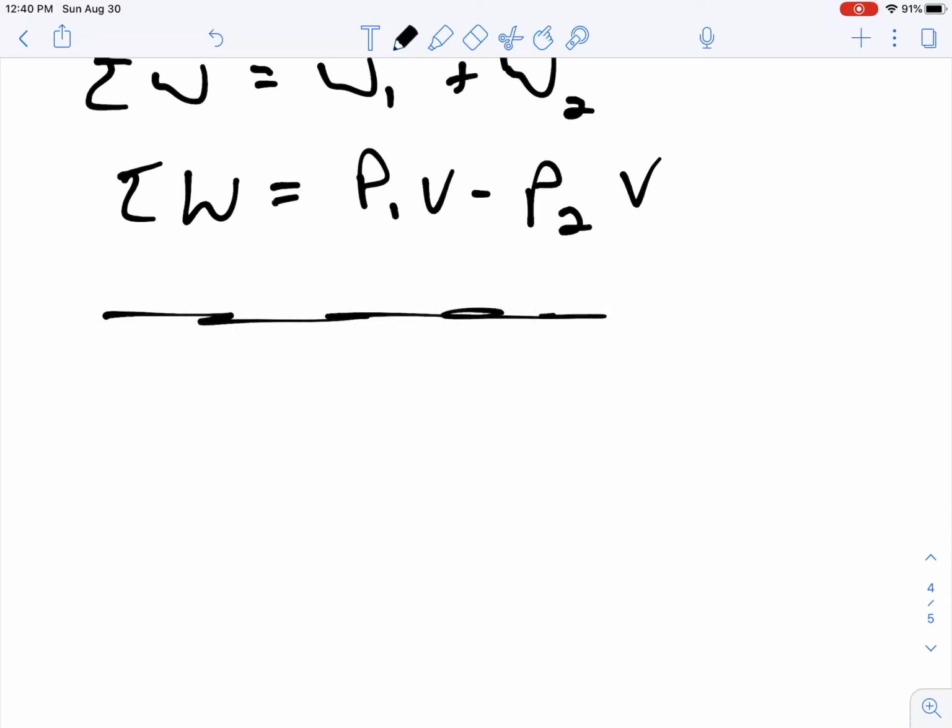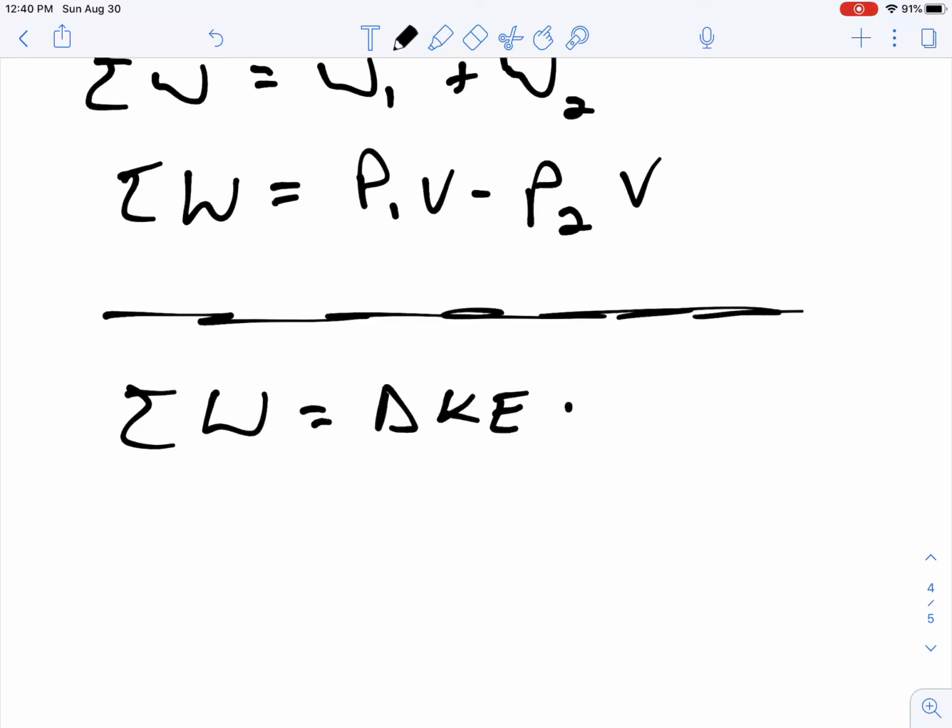Now, if we look at this, we know that work can be written another way. If we remember from last year, this is me drawing a line so we can go into the way back time. Last year, we said that the net amount of work done would just be any change in kinetic energy plus any change in potential energy. And to remind you, kinetic energy has to do with the energy associated with motion. Potential energy in this case has to do with changes in elevation.